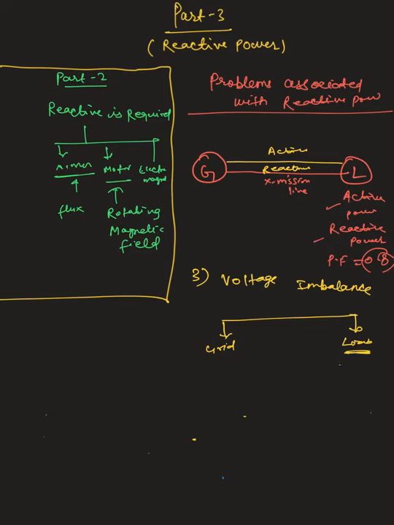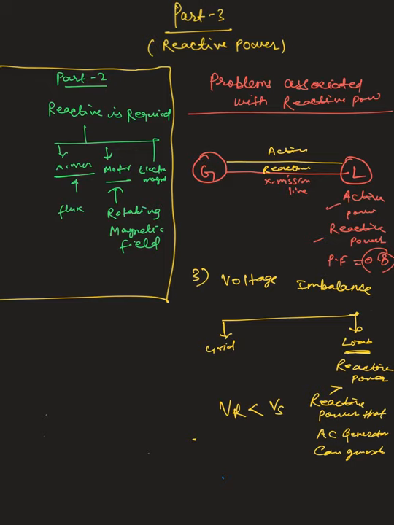If the reactive power required by the load is greater than the reactive power that the AC generator at the grid can generate, in that case the receiving end voltage VR will be less than Vs and the voltage will drop here.